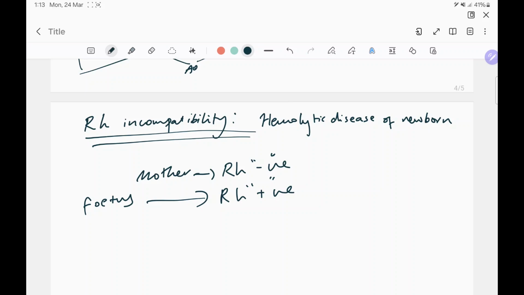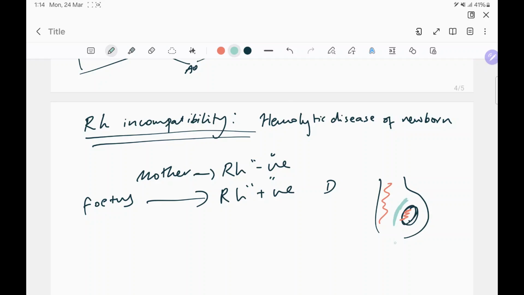Now, what happens is if she is pregnant for the first time and she's got a baby which is RH positive, meaning it has the D antigen which the mother does not have. Now, antigens elicit immunological responses. So when this mother is having a baby in her womb, the baby's blood is separated from the maternal blood through a placental barrier.